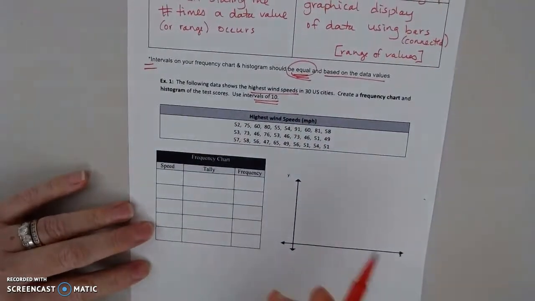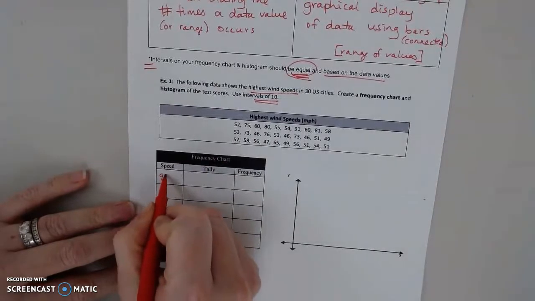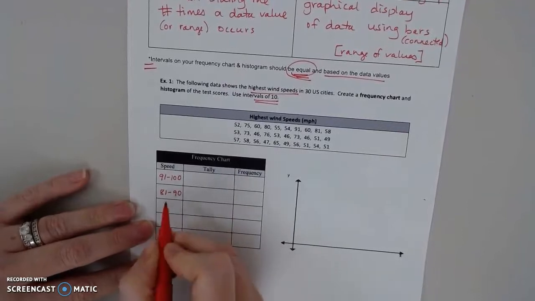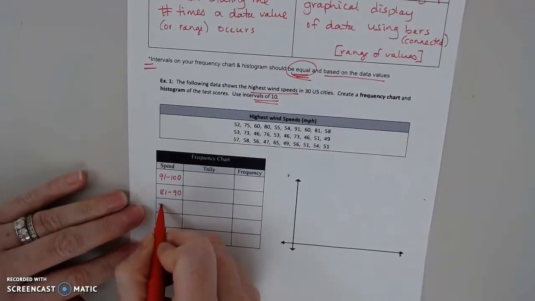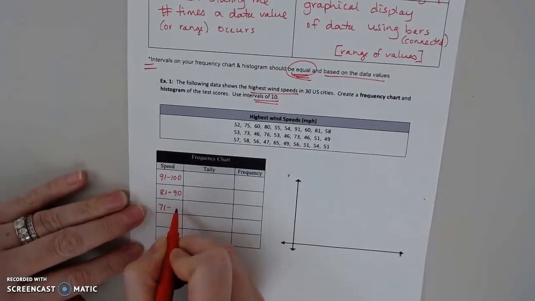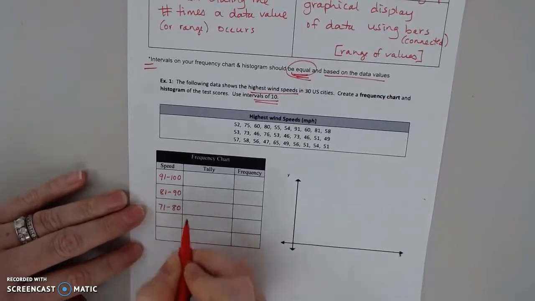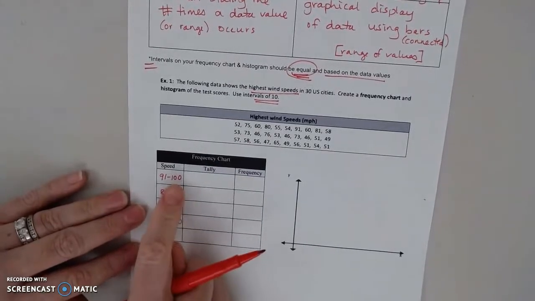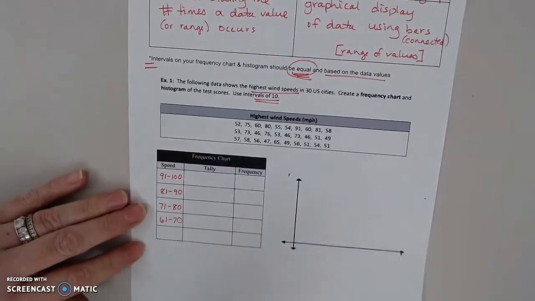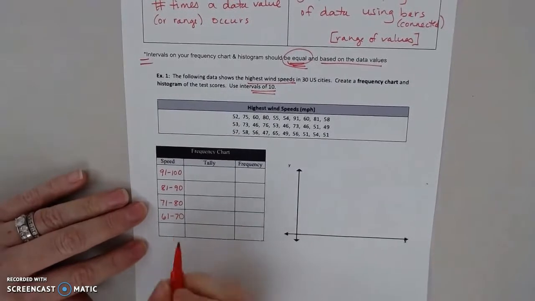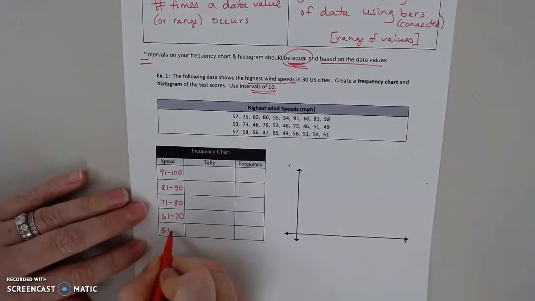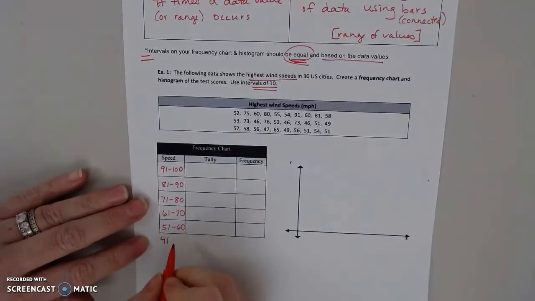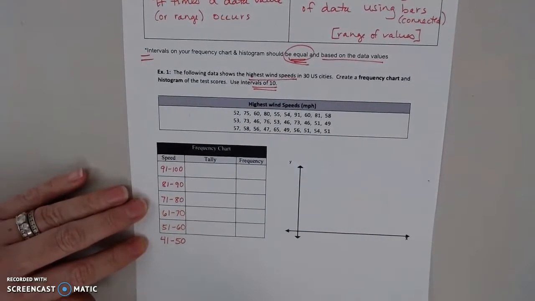So I'm going to go for intervals of 10: 91 to 100, 81 to 90, 71 to 80, 61 to 70. And if you did different intervals, that's fine. I'm going to look at all of your graphs and judge them that way. 51 to 60. And if we need more, you can go off the chart. And we'll see if that's enough.